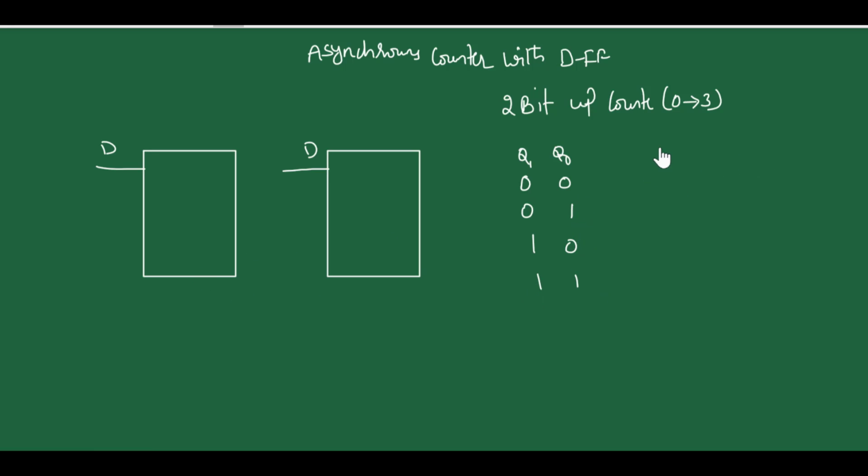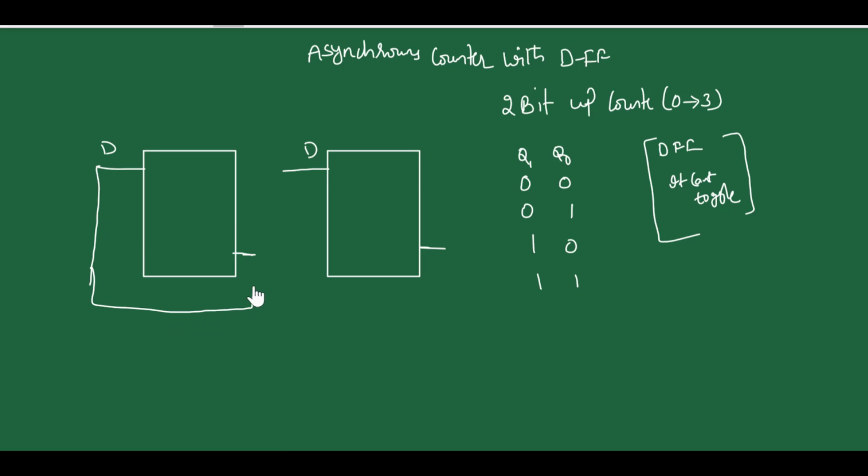Since it is a D flip flop, it cannot toggle, unlike a T flip flop or JK flip flop with J equals 1, K equals 1. So to make the toggling action, we just connect Q0 bar as feedback to the input. This is my Q0, and this is my clock.